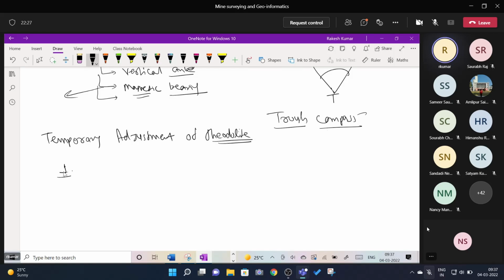What is parallax? Have you gone through the book or not?